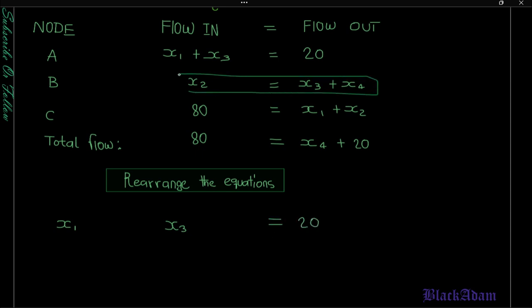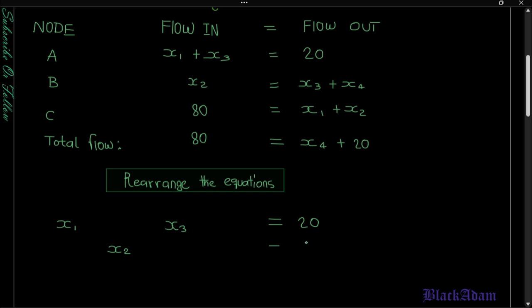And then we have x2, and let's take x3 to the left side. So x3 goes to the left and becomes negative, negative x3, and x4 goes to the left-hand side and becomes negative x4. All that equals 0 because nothing is left.